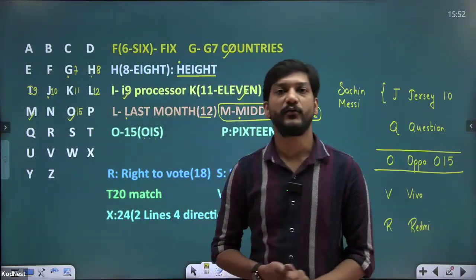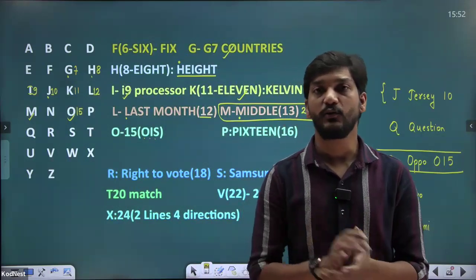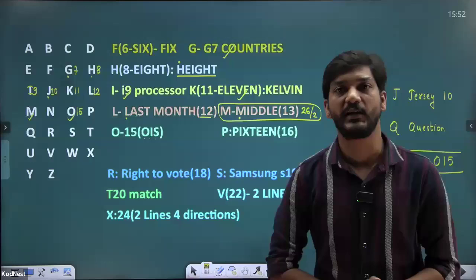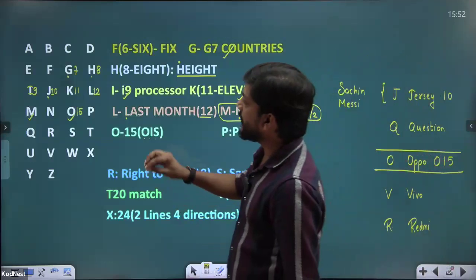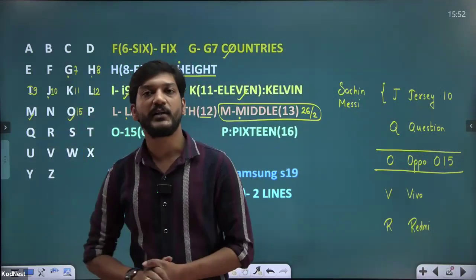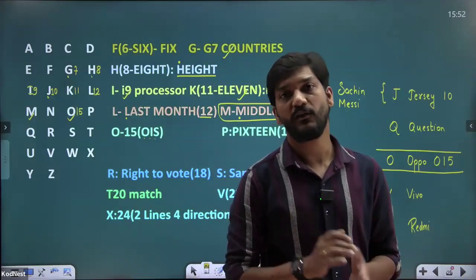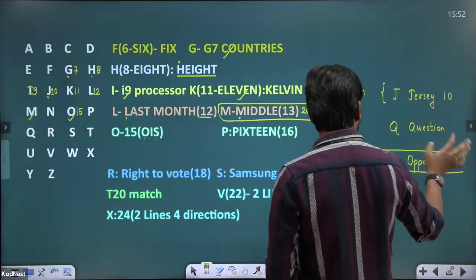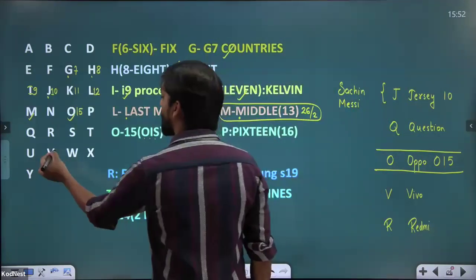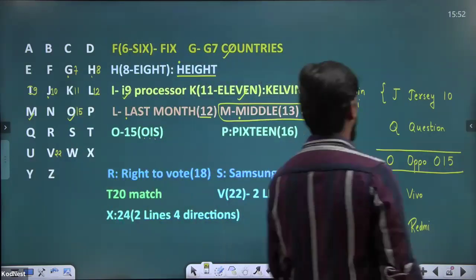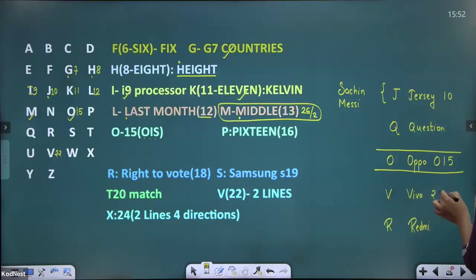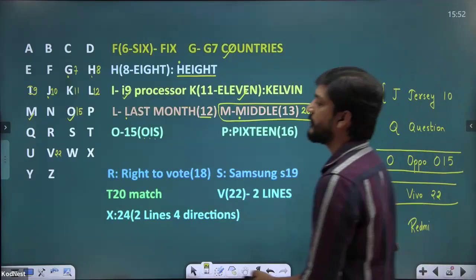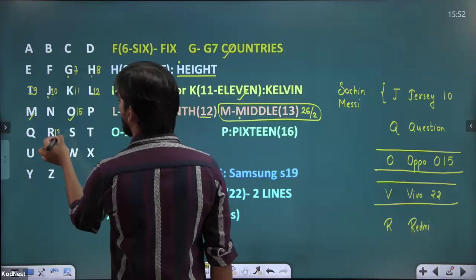Now, when I say mobile phone models, you can take advantage of mobile phone models to remember the place values. But with every letter, we have a mobile phone company. So don't memorize everything with the mobile phone models. So a few mobile phone models we will take. Oppo O15 we will take. Then Vivo V22 we will take. And for R, we will take Redmi 18.